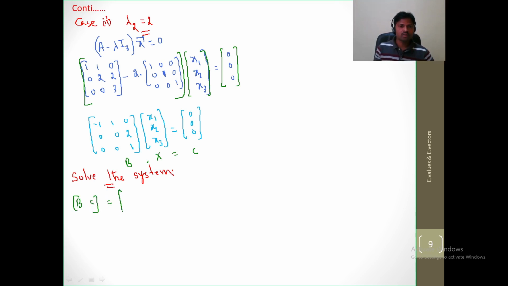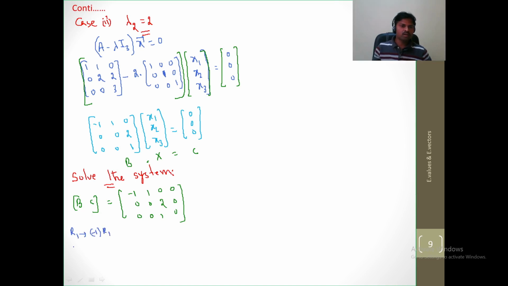Right. Now the matrix is minus 1, 1, 0, 0, 0, 0, 2, 0, 0, 0, 0, 1, and last column 0, 0, 0. So this is the augmented matrix. I want the first non-zero entry to be 1, so we have to make it 1. So for that, I am modifying the first row R1 as minus 1 into R1.